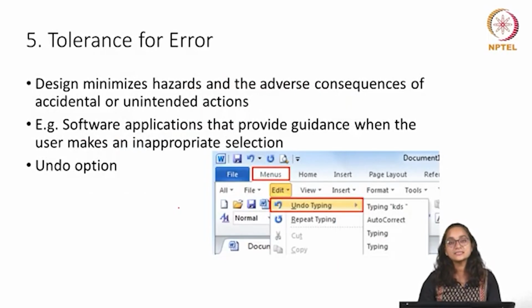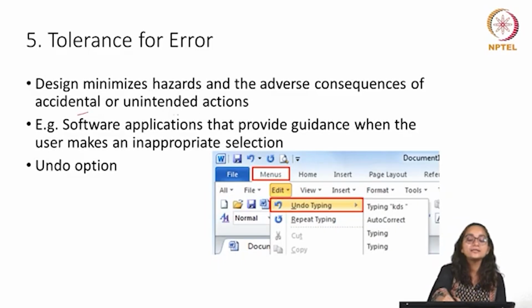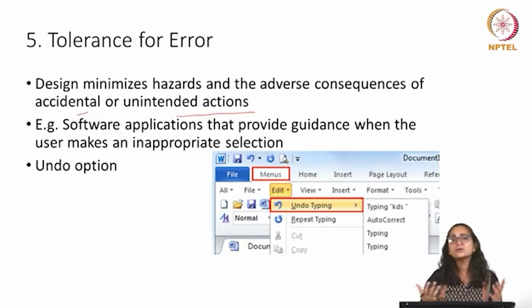The fifth is tolerance for error. What this means is that your design should minimize hazards and the adverse consequences of accidental or unintended actions. We are all humans, we commit mistakes many a time. The system should be able to give us the opportunity to correct our mistake, right?